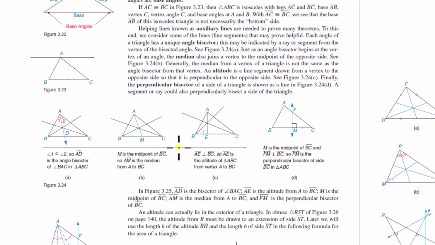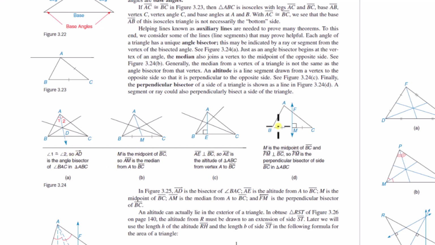But if we added one of these constraints to another, if we said that we have the angle bisector and it's also the median, it passes through the midpoint of the opposite side, that would be over-constrained in general. Yes, in certain special cases that might happen, but in general, for any general triangle, no. So these are all perfectly constrained.